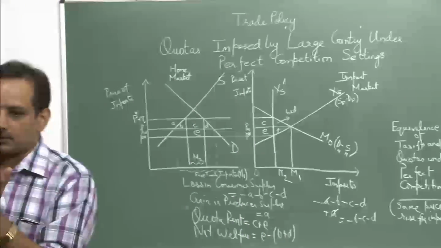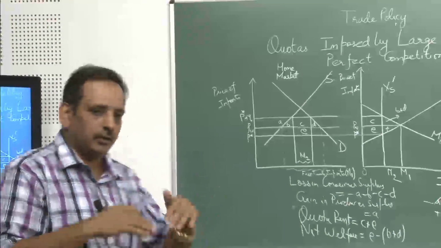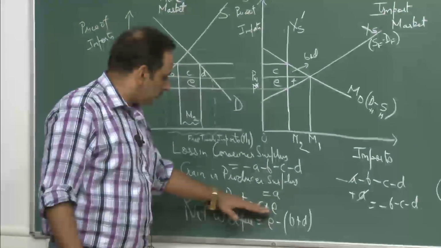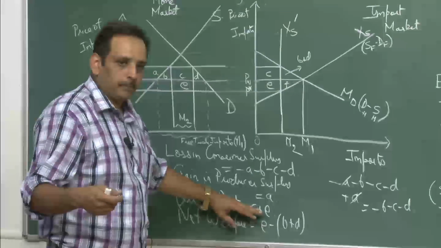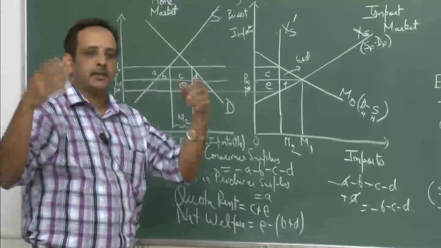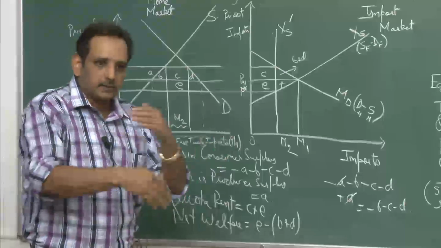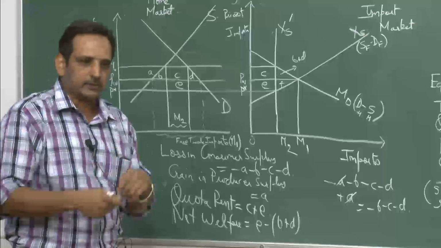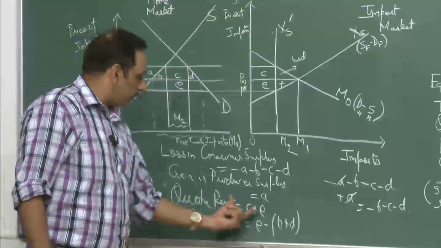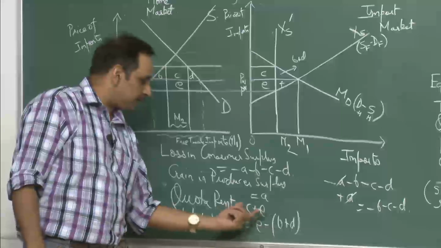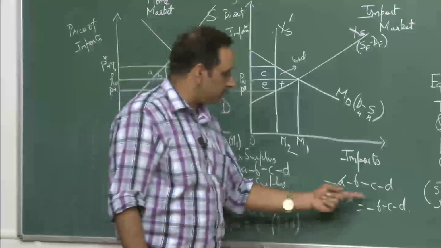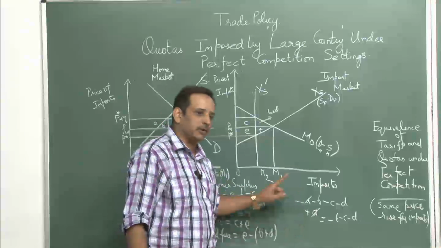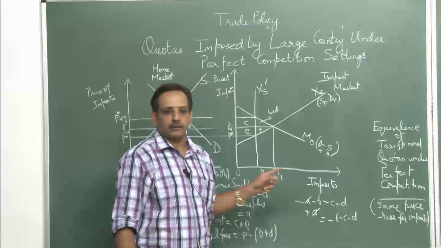All these can lead to rent seeking or corruption to an extent equal to C plus E. So when I say it gets lost in corruption, it's not that it just vanishes into the air. There is a process, and through that process inefficiency creeps in, and therefore you can lose this C plus E. So then what is left is minus B minus C minus D.